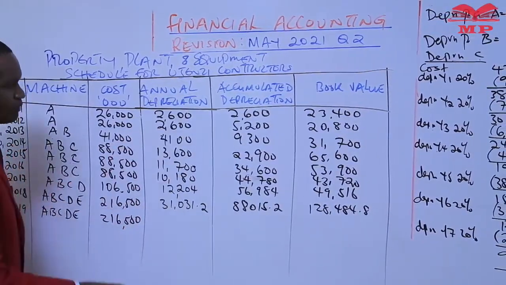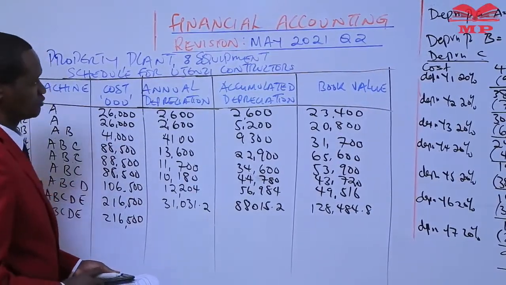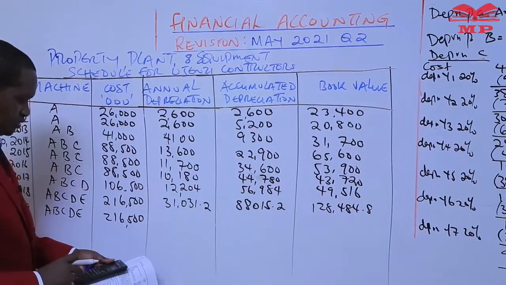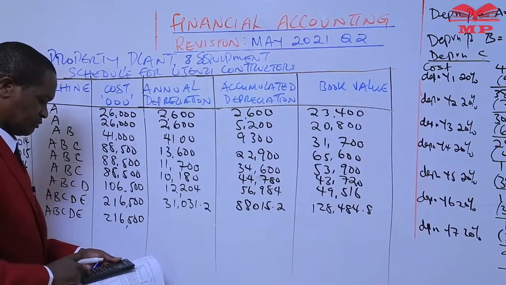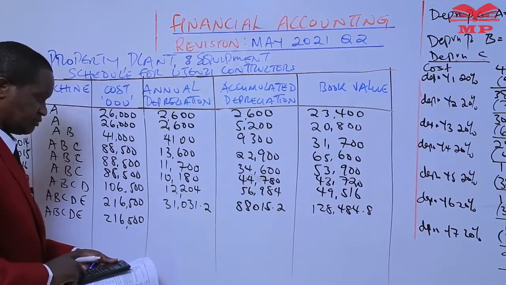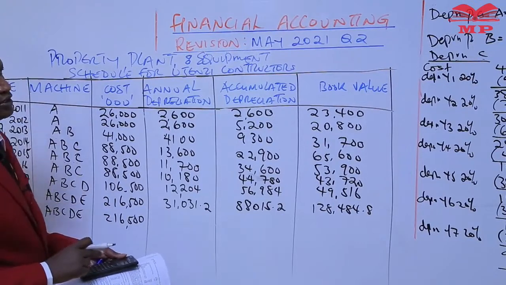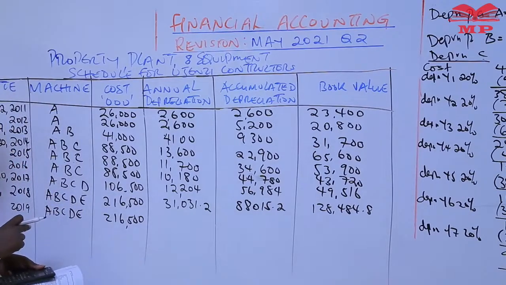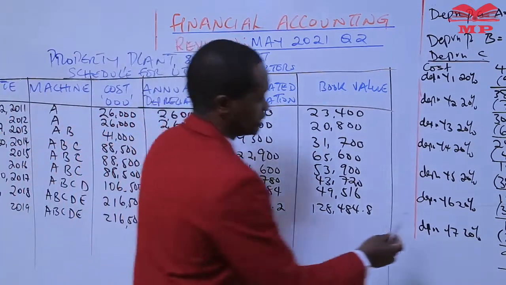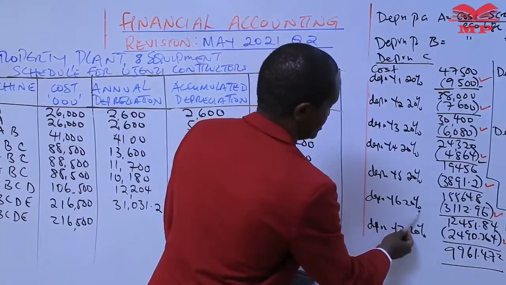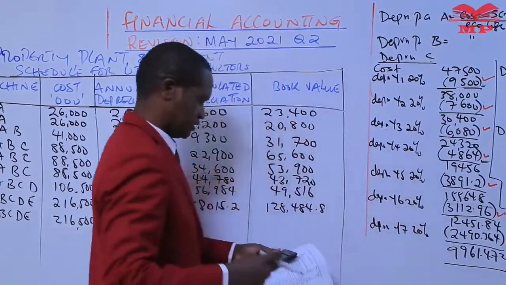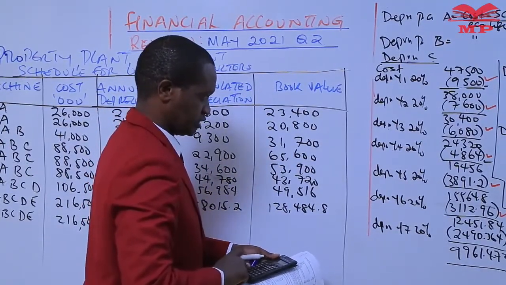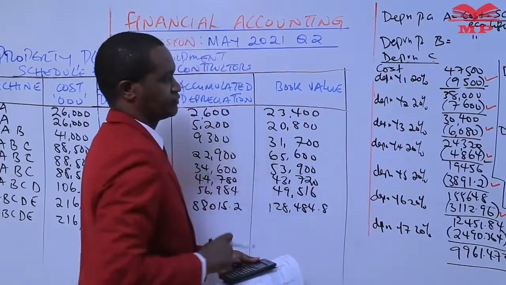The annual depreciation will be equal to 2,600 plus 1,500 plus machine C, year 6 depreciation, which is 3112.96.